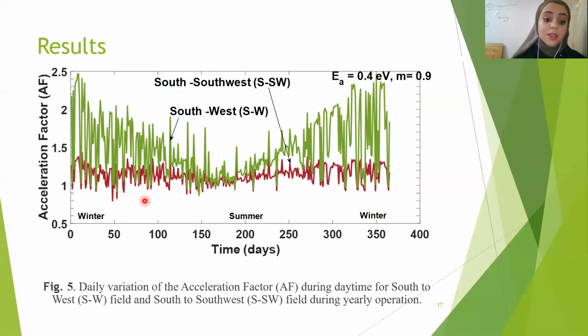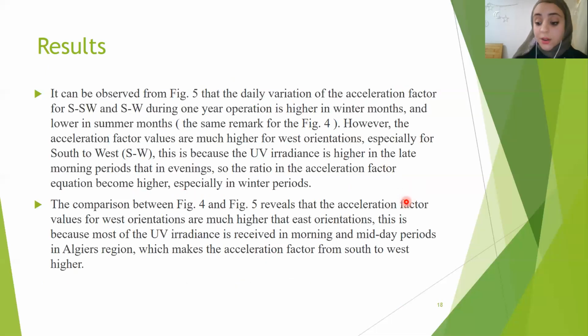This is because the UV intensity is received at midday and in the morning period, but not in the evening period, or the irradiance received is a very small quantity in the evening period, which corresponds to the west orientation. So the variation was very high for the acceleration factor.